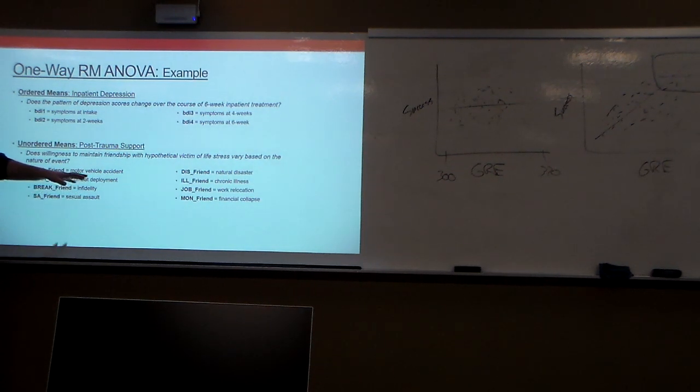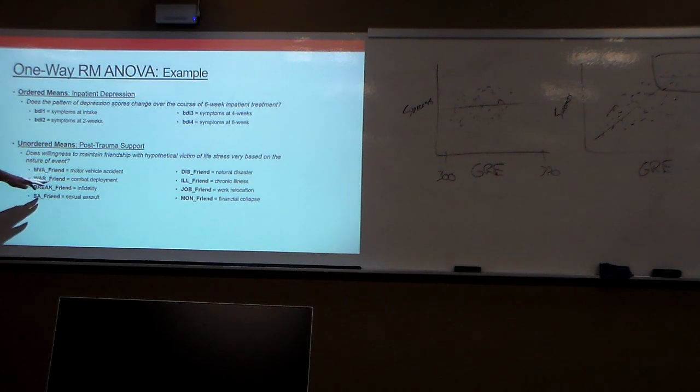What's the limitation of the repeated measures design here? Yeah, exposure to the vignettes over the course of time. Right. If I ask you how impactful it is to have a partner who's been unfaithful, that's an objectively stressful situation, right?